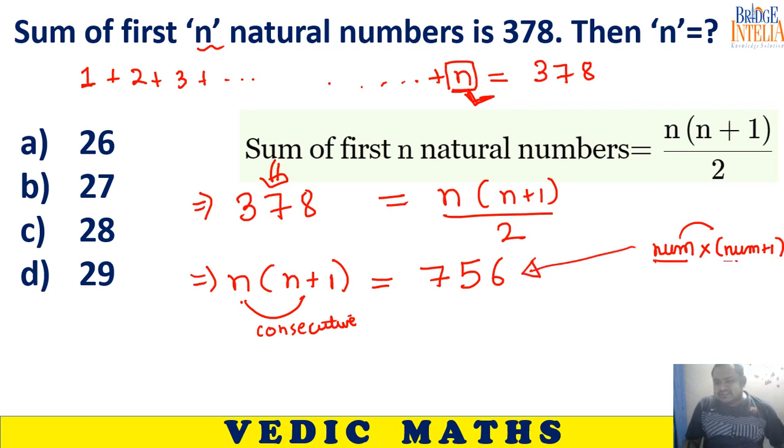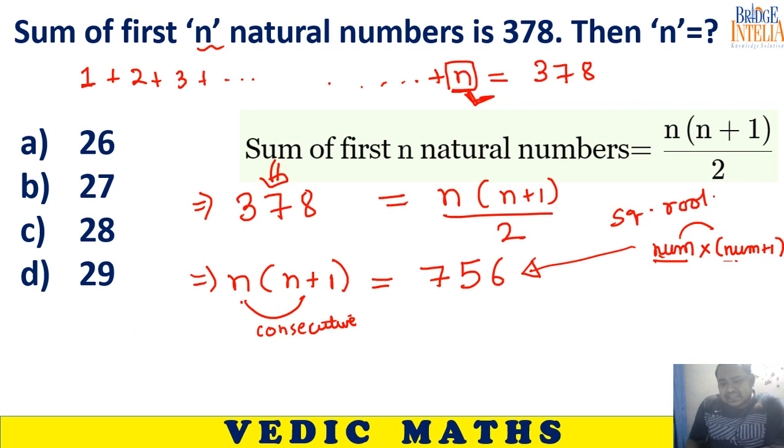So each of these numbers is very close to the square root. What is a square root? If you multiply a number with itself, the result is a square number, and the particular number that you have multiplied with itself is the square root. So 756 is such a number which is equal to the product of a number and its consecutive number. So both these numbers will be very close to its square root.